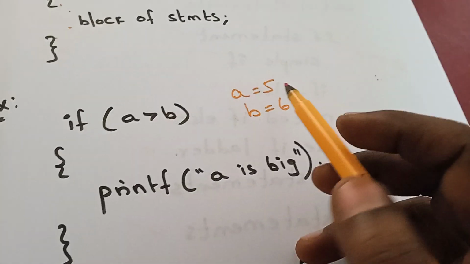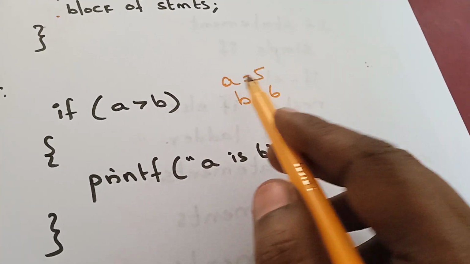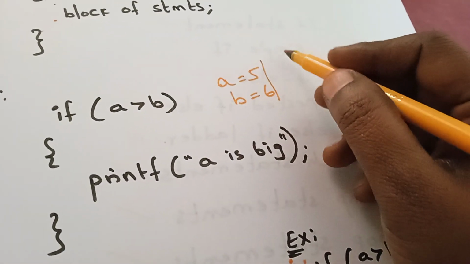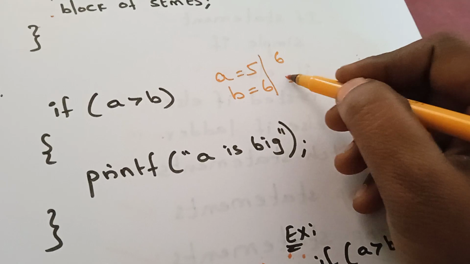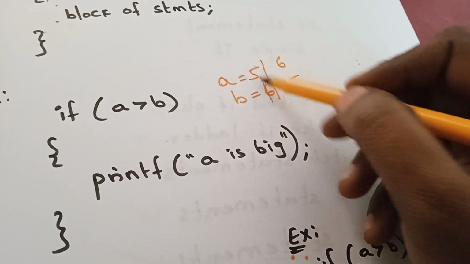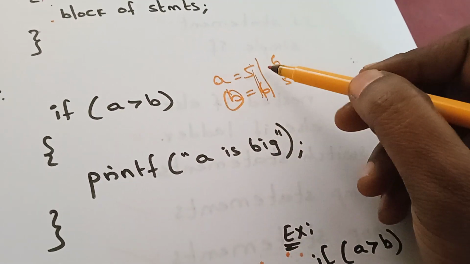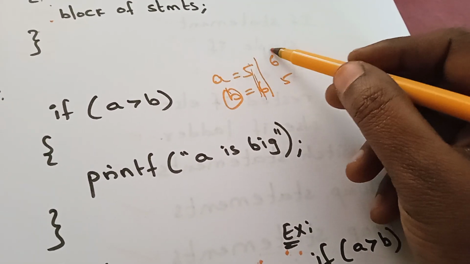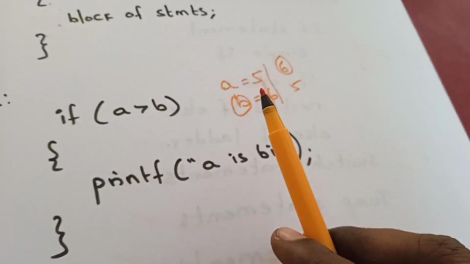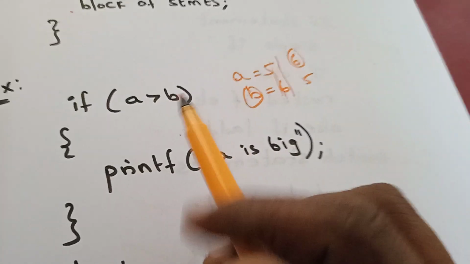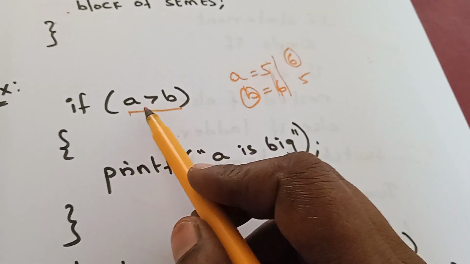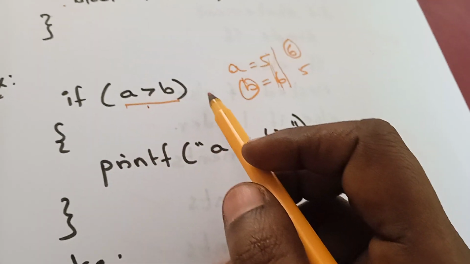Now if these values get changed, and I update my values to 6 and 5, then as far as these values are concerned, A is big. So at a time only one value will be big. So when you put this condition, it can be either true or false.